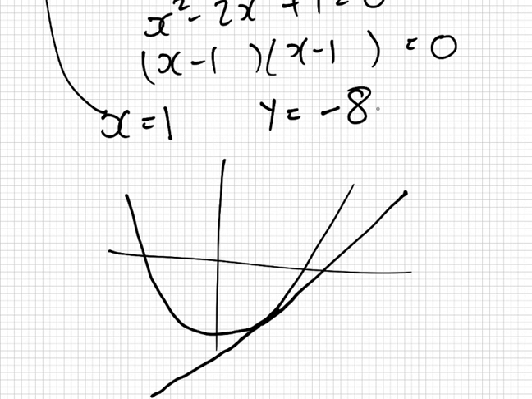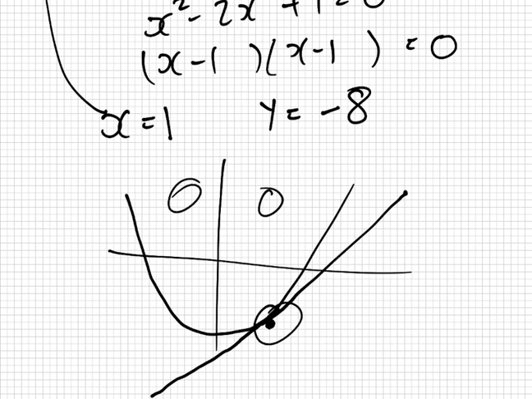I want to see the quadratic touches the line, and I want this point to be at least in the right quadrant. It's 1 and minus 8, so it should be here. It shouldn't be in these.